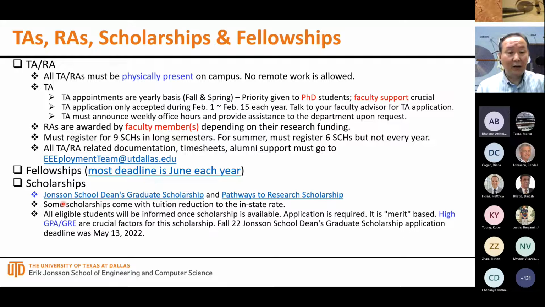For scholarships, there are two available: the Johnson School Dean's Graduate Scholarship and the Pathways to Research Scholarship. The second one, the Pathways to Research Scholarship, is only for master's students with a thesis option. The vast majority of scholarships are the Johnson School Dean's Graduate Scholarship. You should have received this email from our office, and the scholarship application deadline is already over for this year.